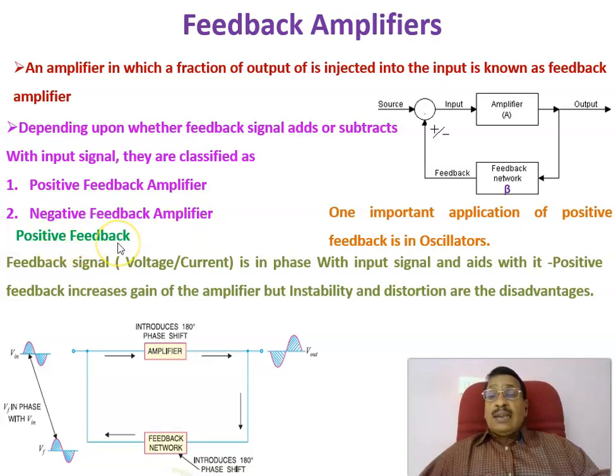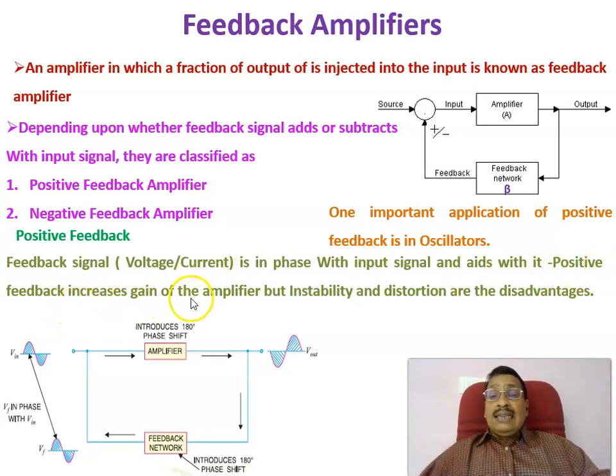In positive feedback amplifiers, the feedback signal may be either voltage or current. You can tap the voltage of the output or you can tap current also. The feedback signal is in phase with the input signal or aids the input signal.